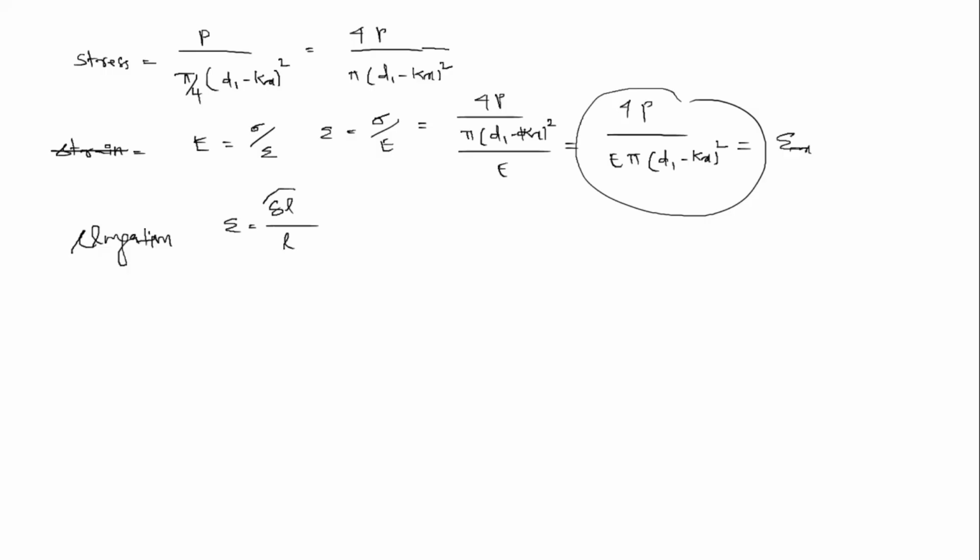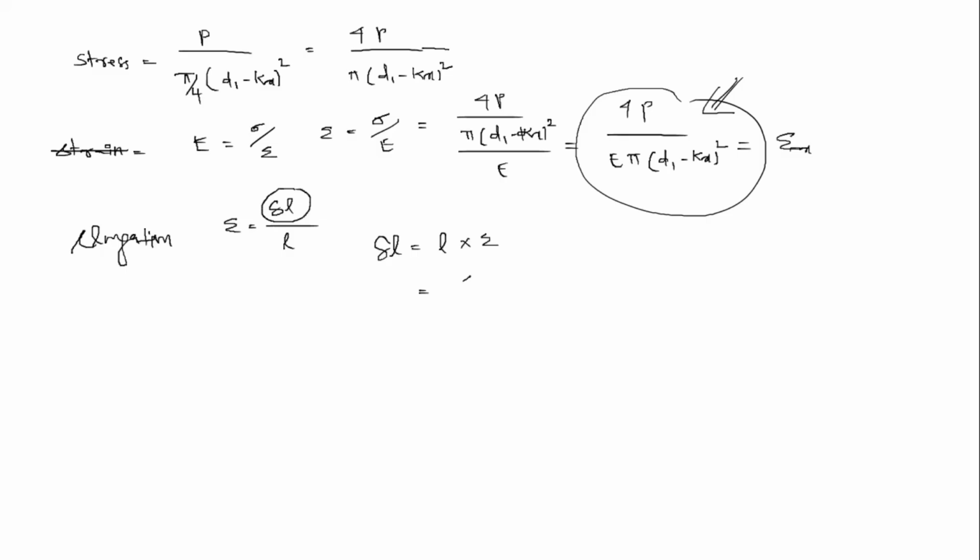Now, we want to calculate del L. So, del L is equal to original length into strain. Here, del L is equal to L into strain. What is the equation for strain?